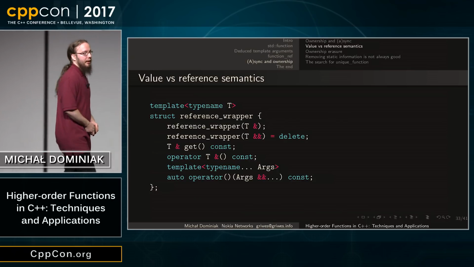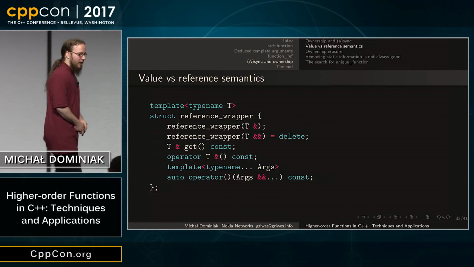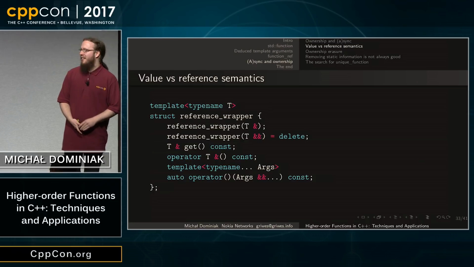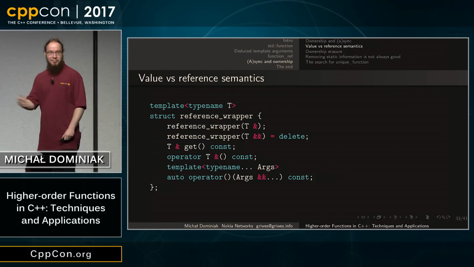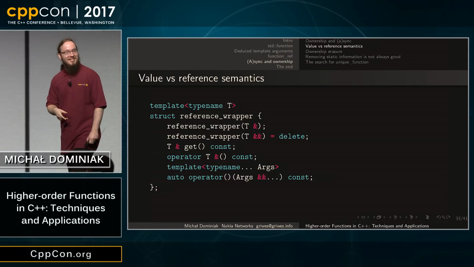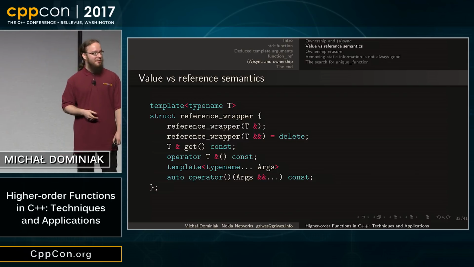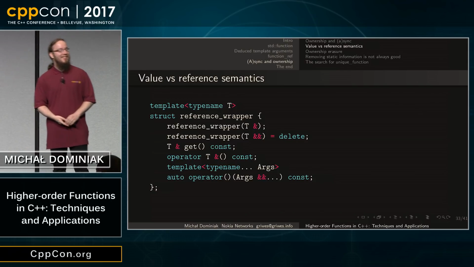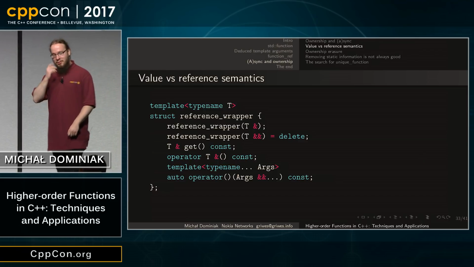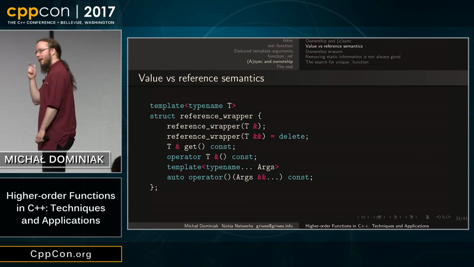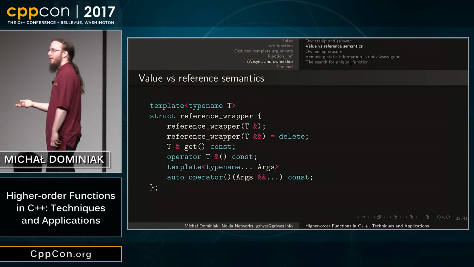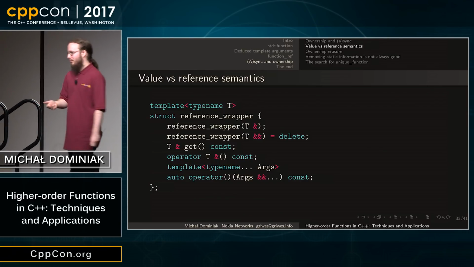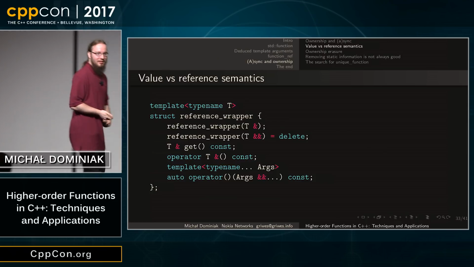So it's a call operator. I actually didn't know that existed in the reference wrapper until a couple of days ago. Matt told me that it exists. I was like, wow. So the way to create a reference wrapper is to call a function called std::ref, which is easy. It's short.